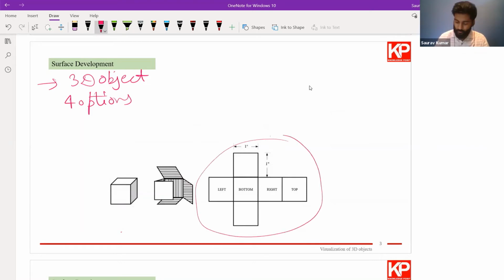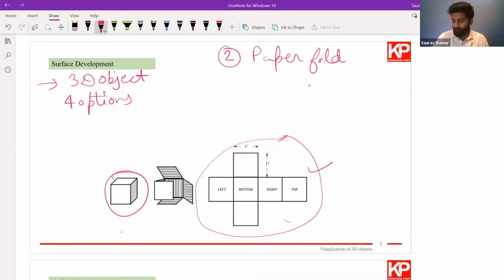You need to observe this figure as well as the 4 options. Sometimes just observing the options, you will get the right answer. We have another type also, that is the paper folding and cutting. So we will cover these two one by one.